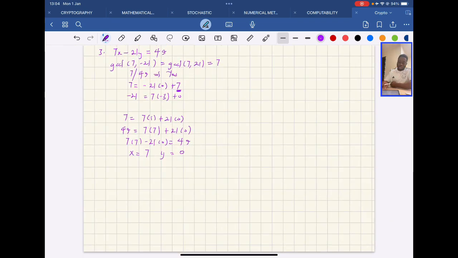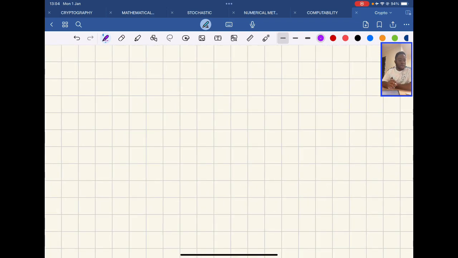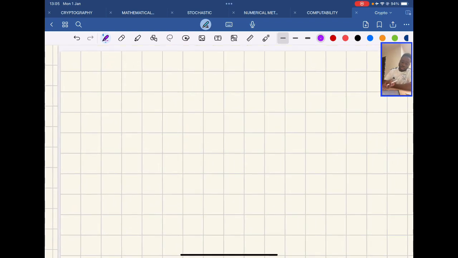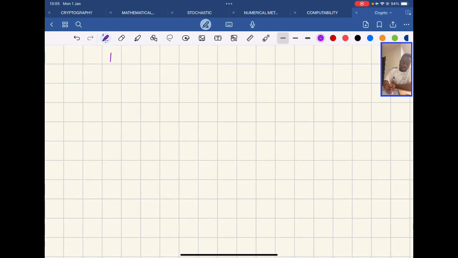Okay, let's move on. You can also be asked to solve for positive integers that satisfy a certain Diophantine equation. So, for instance, you can be asked to find this. Let me write the question in full.